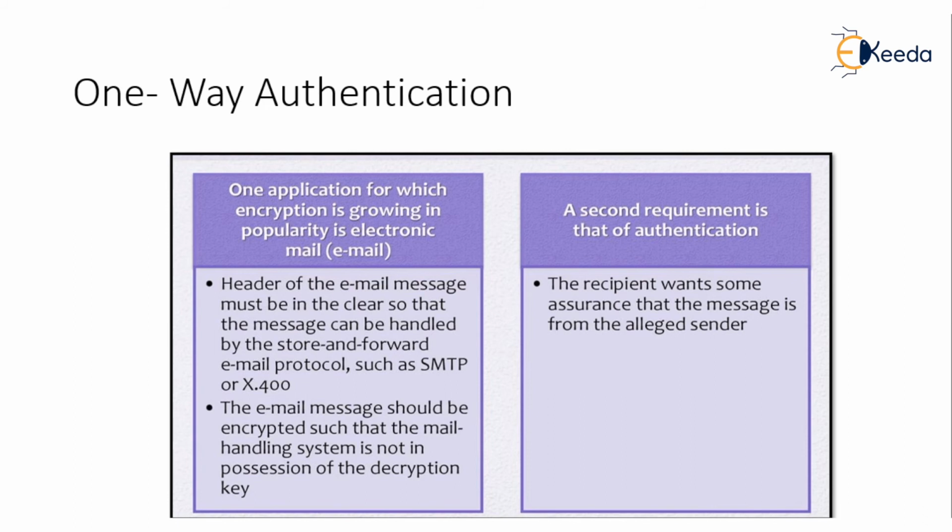The email message should be encrypted such that the mail handling system is not in possession of the decryption key. The second requirement is authentication, where the recipient wants some assurance that the message has been sent from the alleged sender. That means the recipient wants the authenticity of the user to be proven, to prove its identity.